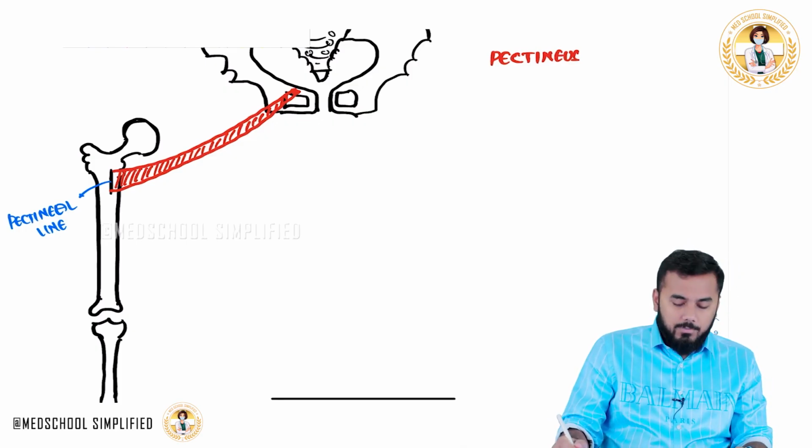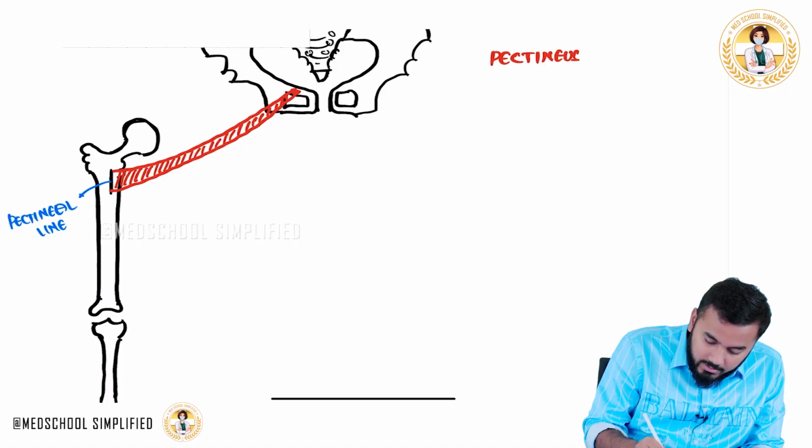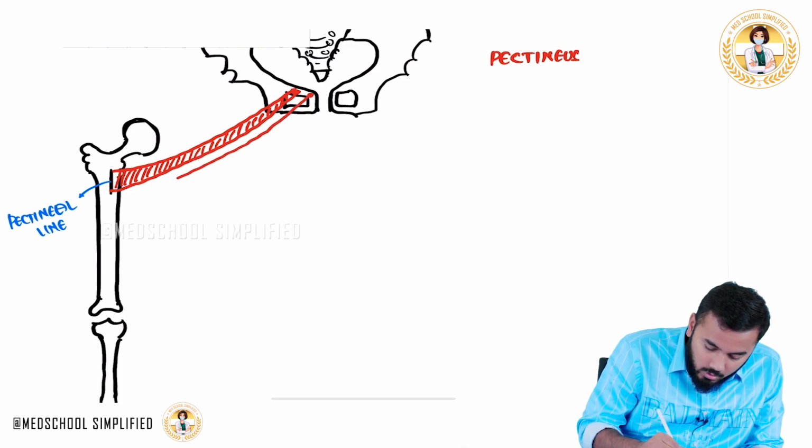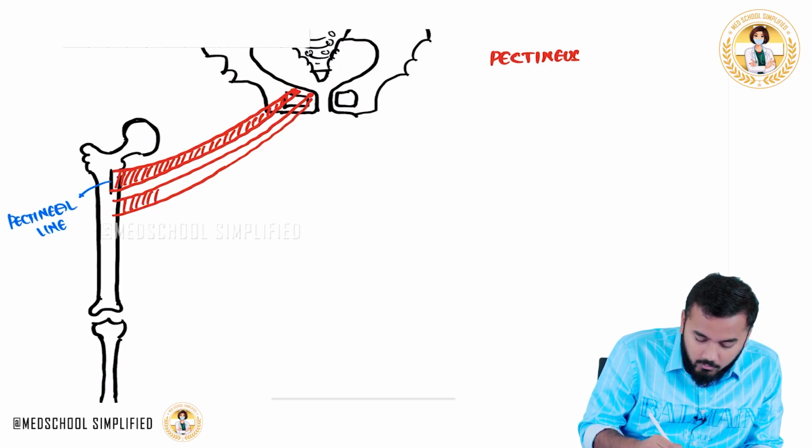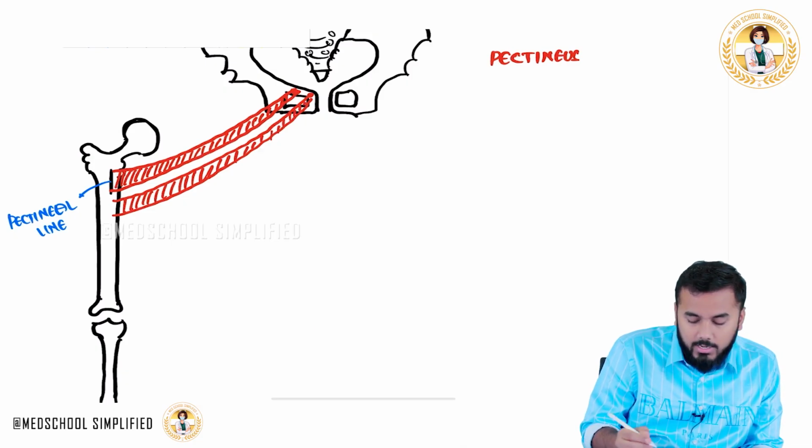Now the next important thing is that from here, a little more anterior to the pubic rami, we have another muscle that is attached all the way to the medial side of the femur like this. What is the name of this muscle? I'll tell you later on, but before that let me teach you another muscle.